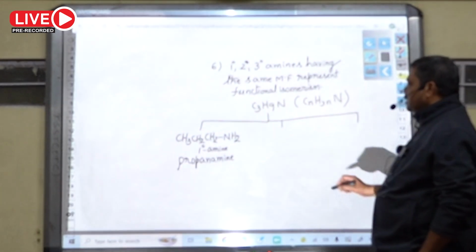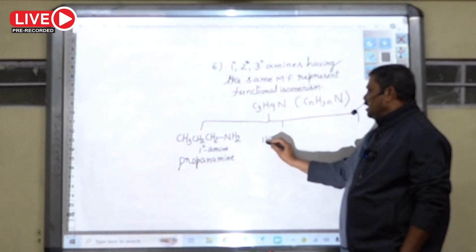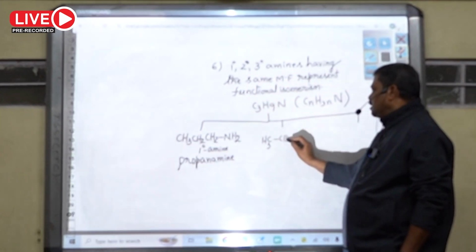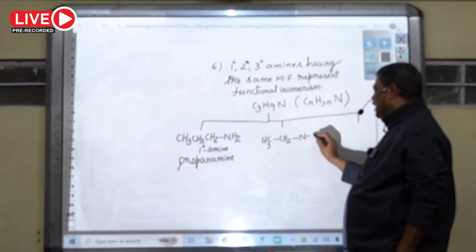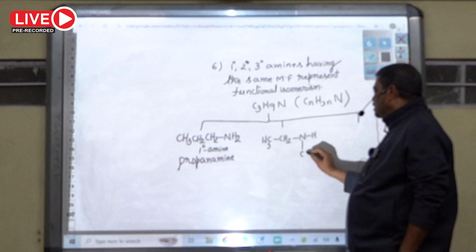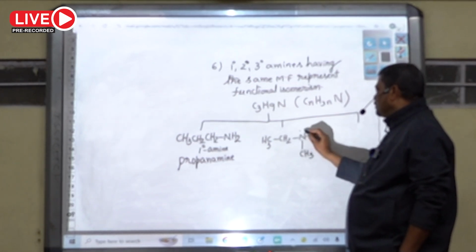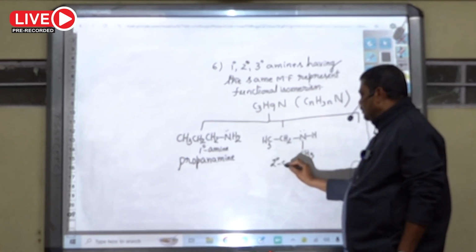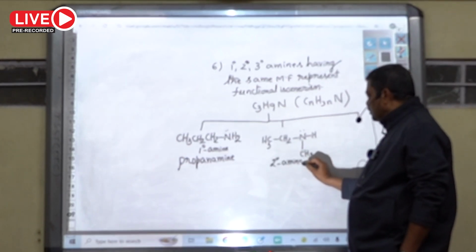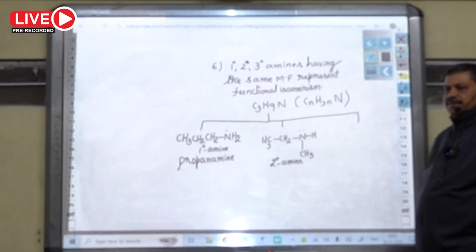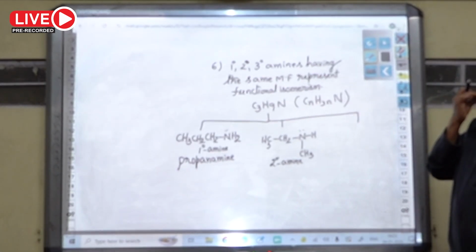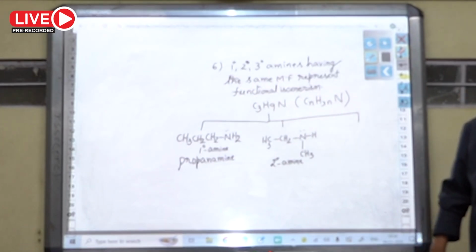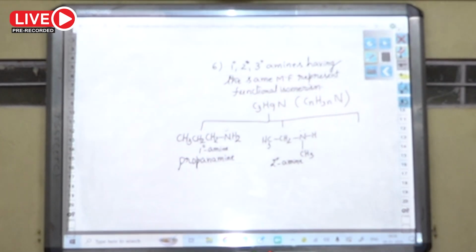The next one, CH3, CH2, NHCH3. It is a secondary amine. Secondary amines have the functional group NH. Primary amines have the functional group NH2.